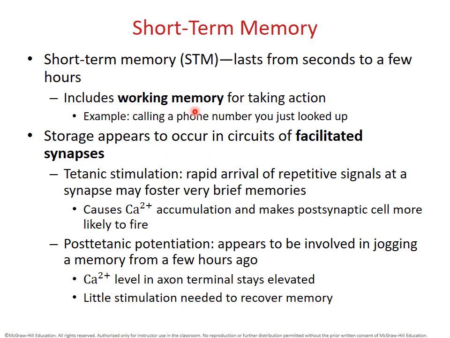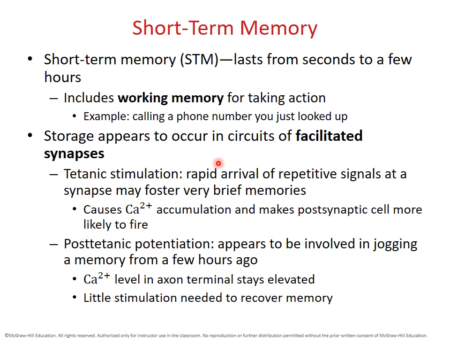This is most of what our working memory is when we're actually performing a task, like calling a phone number you just looked up, or remembering what pi is when you're trying to work through, say, calculate the area of a circle.